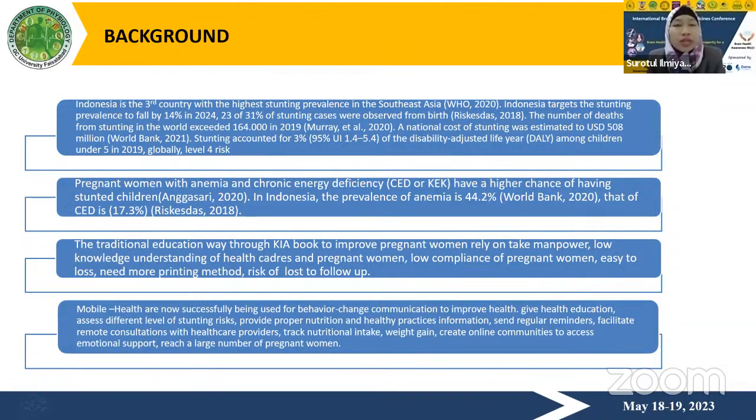The existing intervention now is traditional education, and Indonesia uses the KIA book, which is the maternal and children book, to educate pregnant women. The manual intervention takes a lot of manpower, and if it is assessed by cadres who have low knowledge and understanding of stunting, it needs a knowledge update.